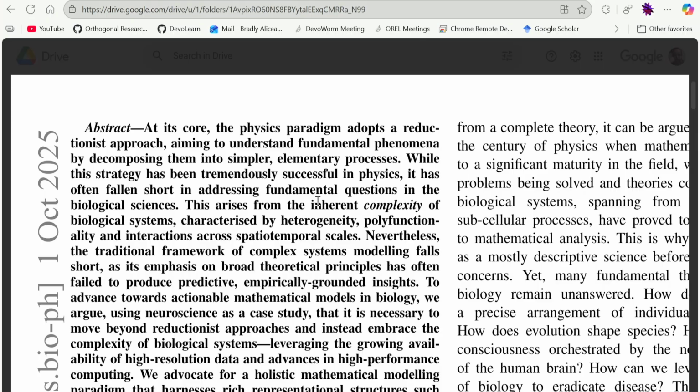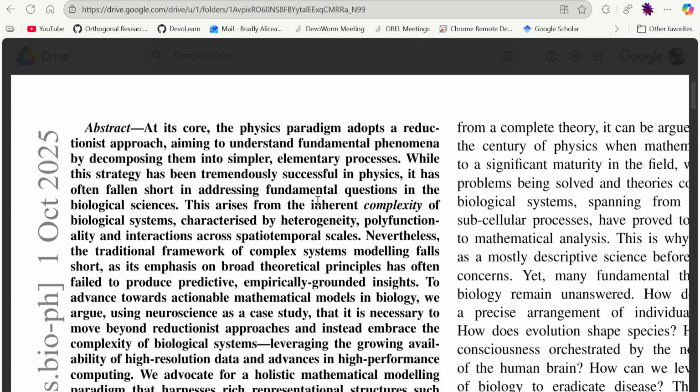So in the Shire and Rodriguez paper, we talked about how they're using this sort of complex adaptive systems approach where you have top-down constraints and bottom-up information to describe something like pattern formation.